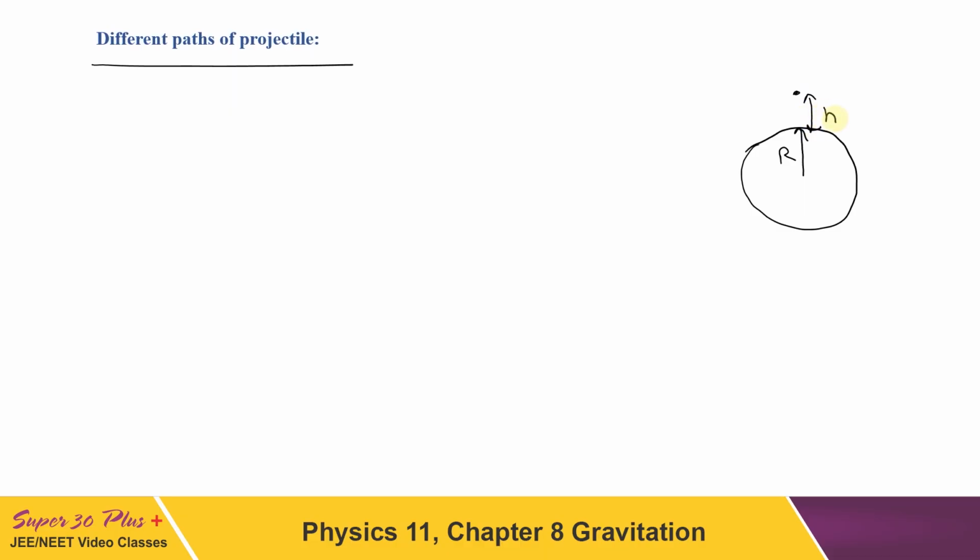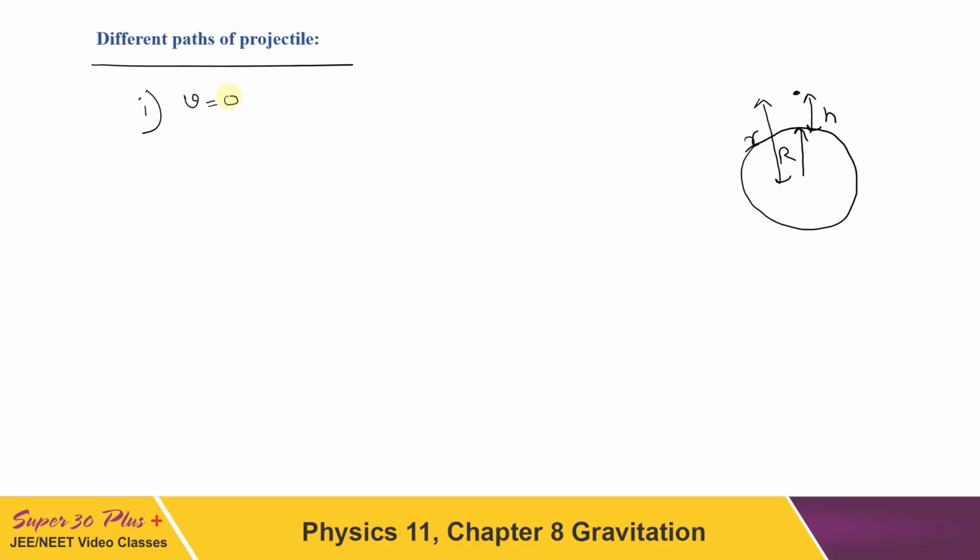Depending on the speed, its distance from the center of Earth we can consider to be small r. First I am considering the case where the imparted velocity v is 0. Simply it has been taken to the height h and then put there.